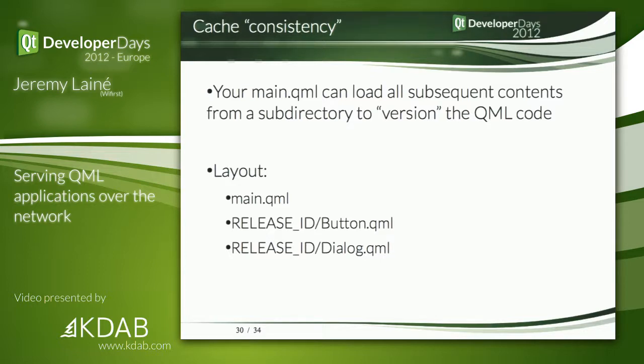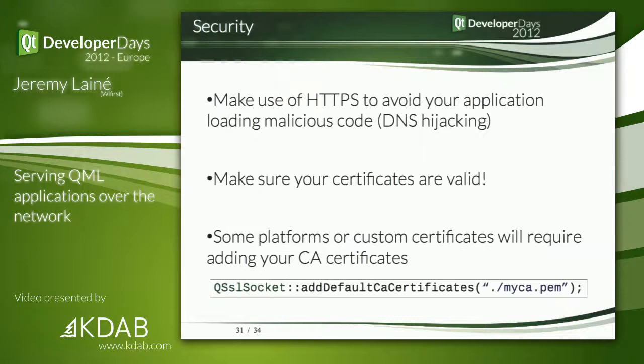In which case, if you have a change which breaks things, you can just change the release ID, and then your button and your dialog are going to come from the same version. In our use case, our users do not relaunch the application very often, so we kind of forgot about this problem, but you have to be aware that it can exist.